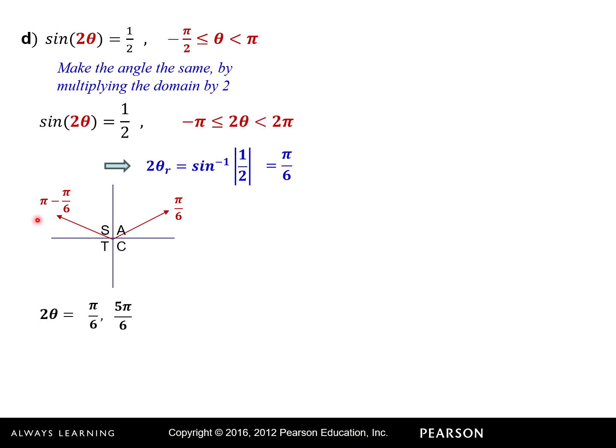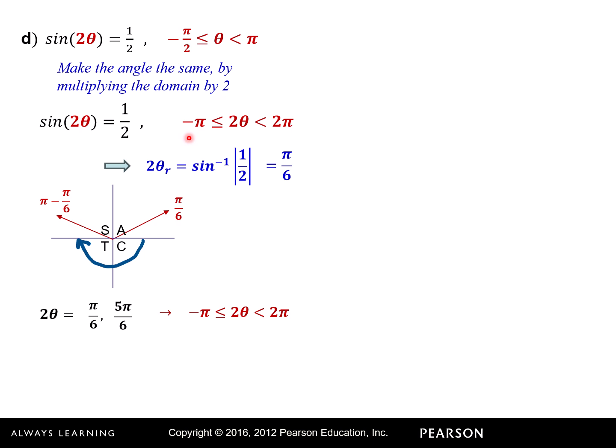So these two solutions are the angle solutions from 0 to 2 pi. Take note that these two solutions are for 2 theta. And since these two are the solutions from 0 to 2 pi, next we have to find also from 0 to negative pi. We know that negative pi is a negative angle, meaning the direction is clockwise.